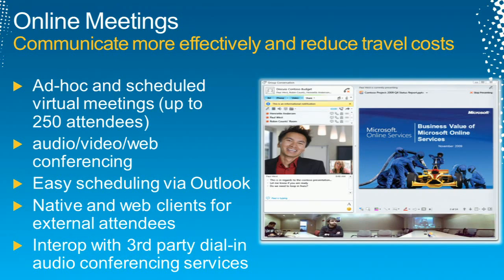Under IM presence we include one-to-one. Online meetings include the ability to communicate with up to 250 attendees, in an ad hoc fashion, basically escalating from email most likely, and then IM, to an online meeting, or in a scheduled way, which is very similar to what web conferencing is today.